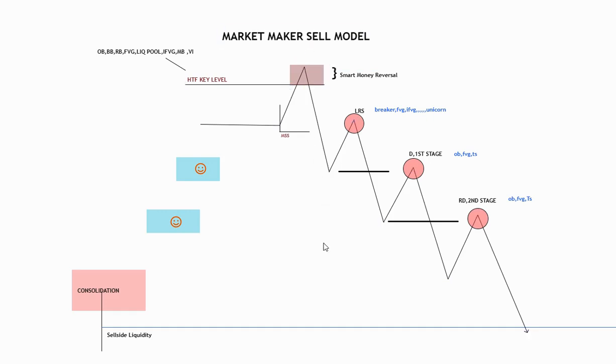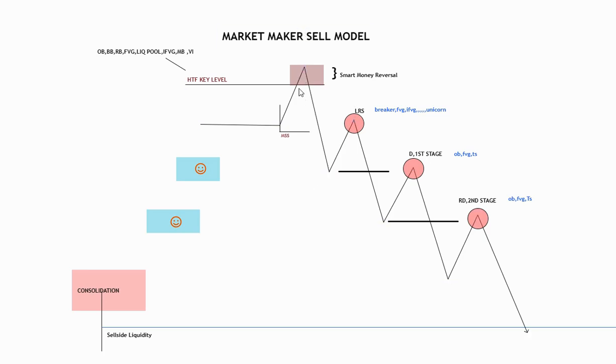Once we have a reversal, that's where we start to look for sells. Now we have changed from buying to selling. When price tags our key level and rejects quickly below a short-term low, closing below the last up-close candle that took liquidity, that is an order block.